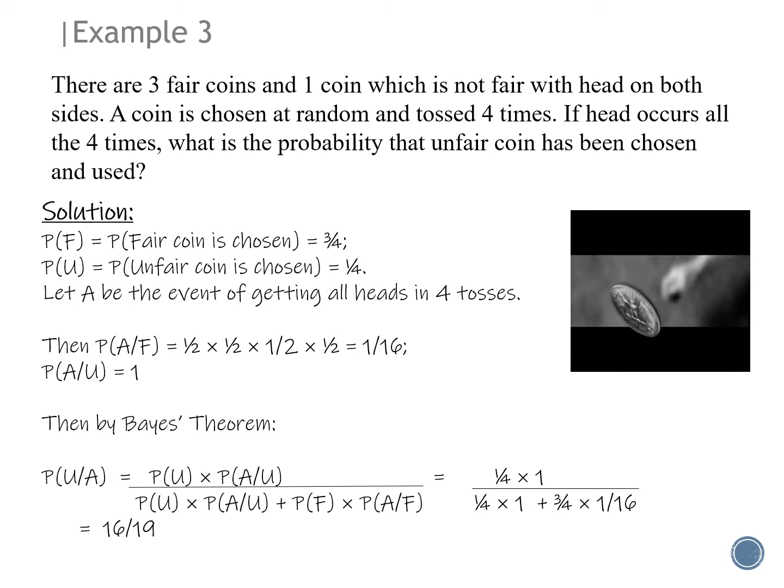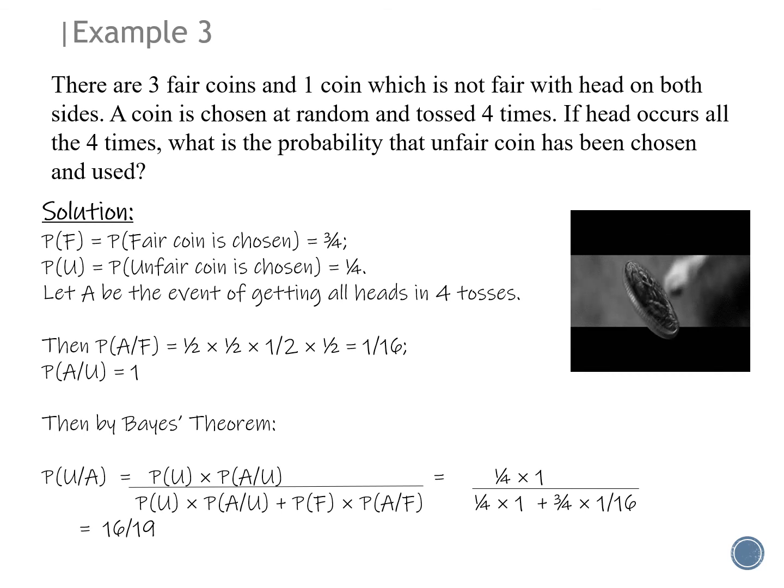Now, we find probability of A given U. Here, the coin is unfair. So, in 1 toss, favorable number of cases is 1 and exhaustive number of cases is 1, so we get 1 by 1, that is 1. In 4 tosses, 1 into 1 into 1 into 1, that is 1. That is, probability of A given U equals 1.